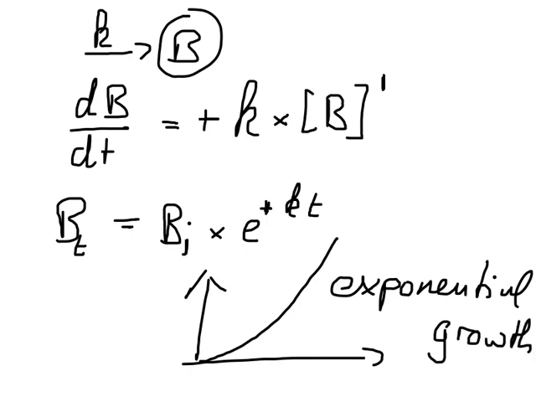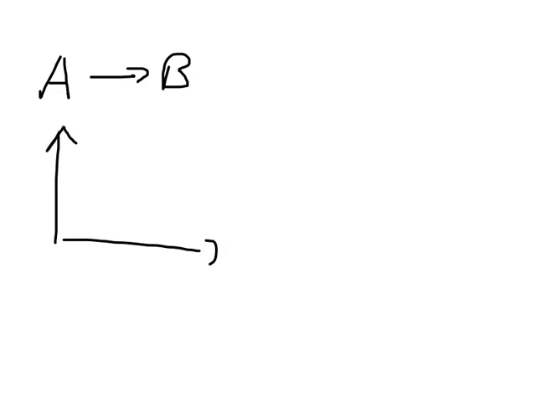And I hope you see the difference between the limitation when we produce B from A or when we have exponential growth. Let me again stress this fact, because I know that a lot of people mix these things up. If A is converted into B, then we have something like that. That's time here.